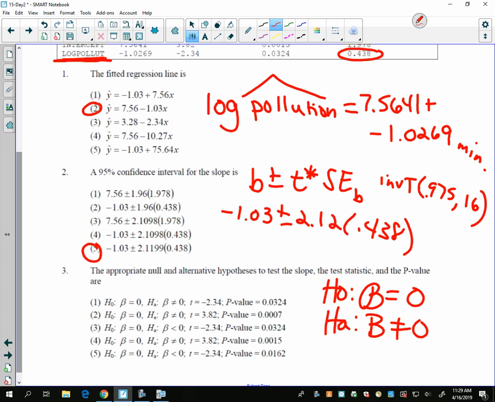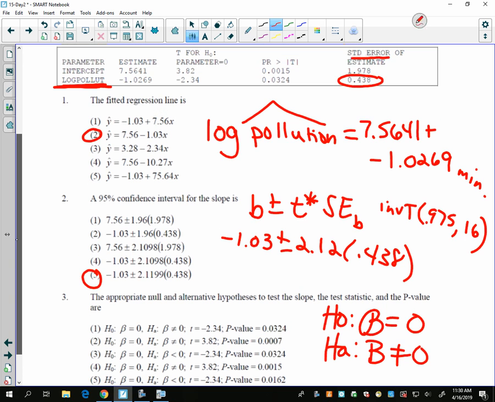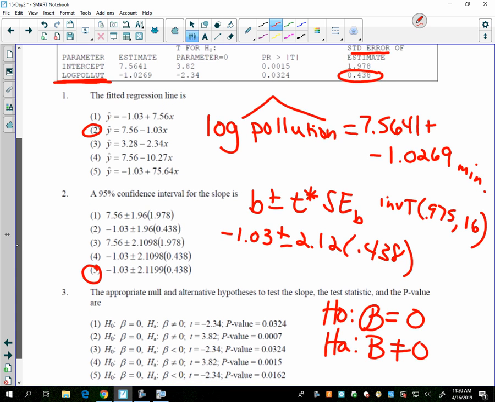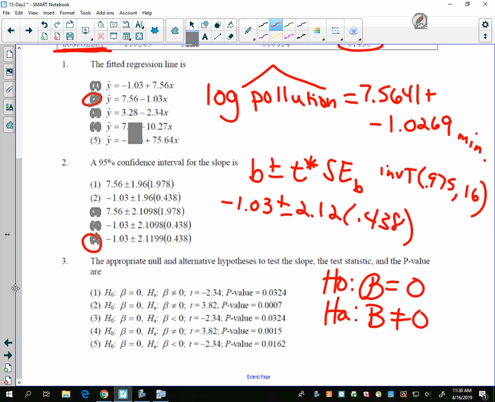Now, most often it's a two-sided test for these. And the computer output will also give you a two-sided p-value. So with that being said, did this give us a direction on the slope? Does it indicate in the question that it should be less than or no?